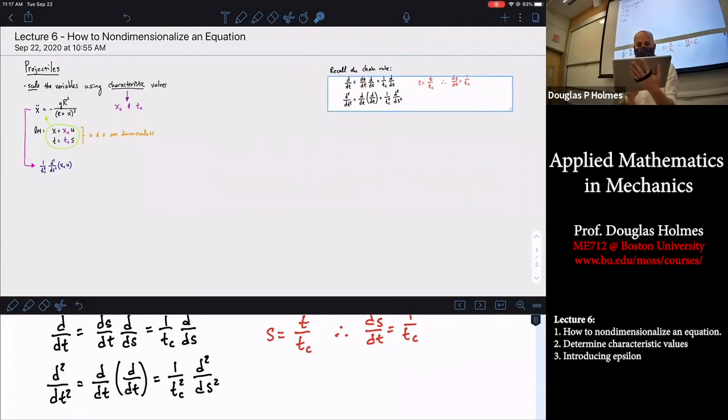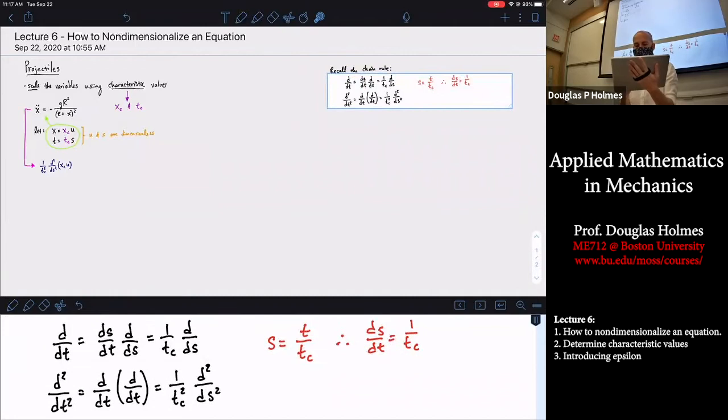And s is equal to t over tc. So if I take the derivative of s with respect to t, I should just get 1 over tc. And then this second derivative is the derivative of the derivative, so it should keep the same sign. Yeah, I think it's correct. This should still just be a positive 1 over tc squared.